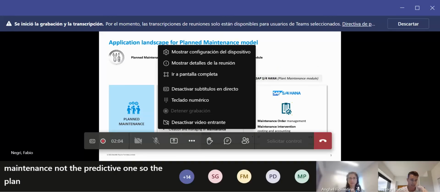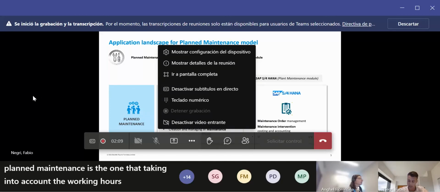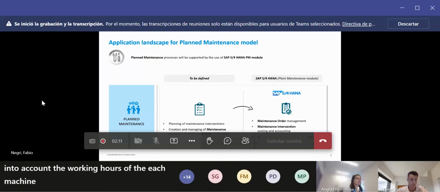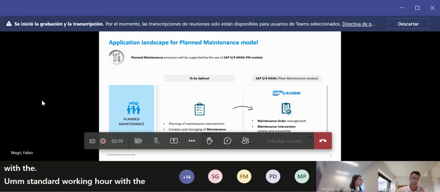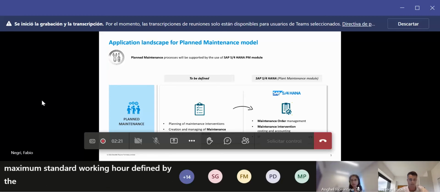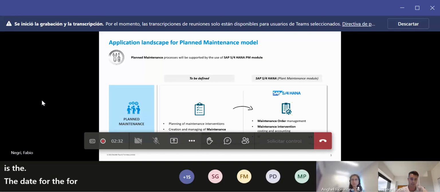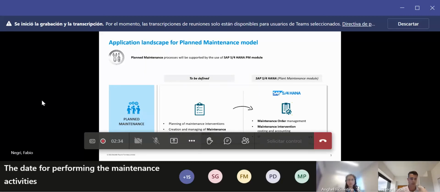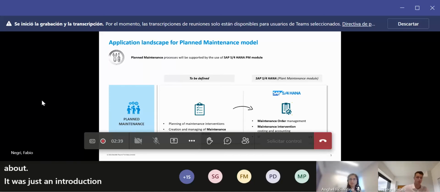The planned maintenance is the one that, taking into account the working hours of each machine or each mold and comparing it with the maximum standard working hours defined in the machine master data, proposes the date for performing the maintenance activities. This was just an introduction concerning the meaning of planned maintenance.